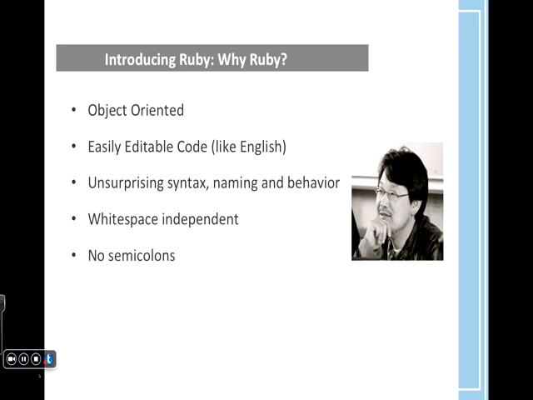What else? No semicolons. If you have worked with semicolons in other languages like PHP, for example, you are going to love the fact that you don't have to worry about the trailing semicolon at the end. Ruby can sort it out for you. Last of all, Ruby has a lot of what we call syntactic sugar. That means that the syntax of the language helps you out.